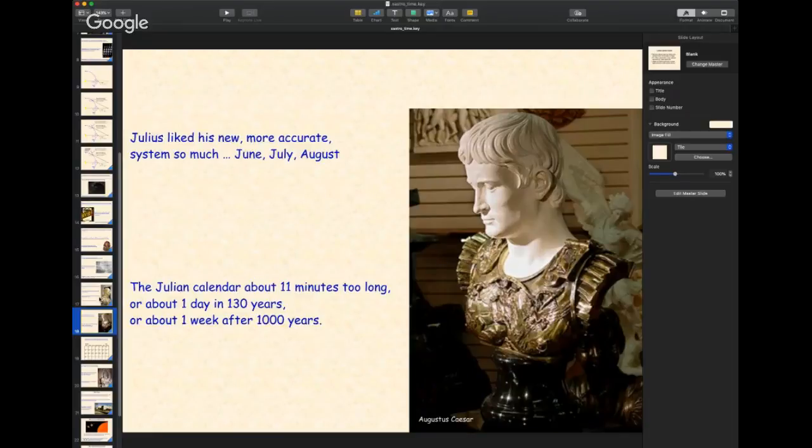Now Julius liked his system so much that, you know, money and power kind of go together, even in the time of the Romans. Julius liked his calendar so much, he took a month for himself.